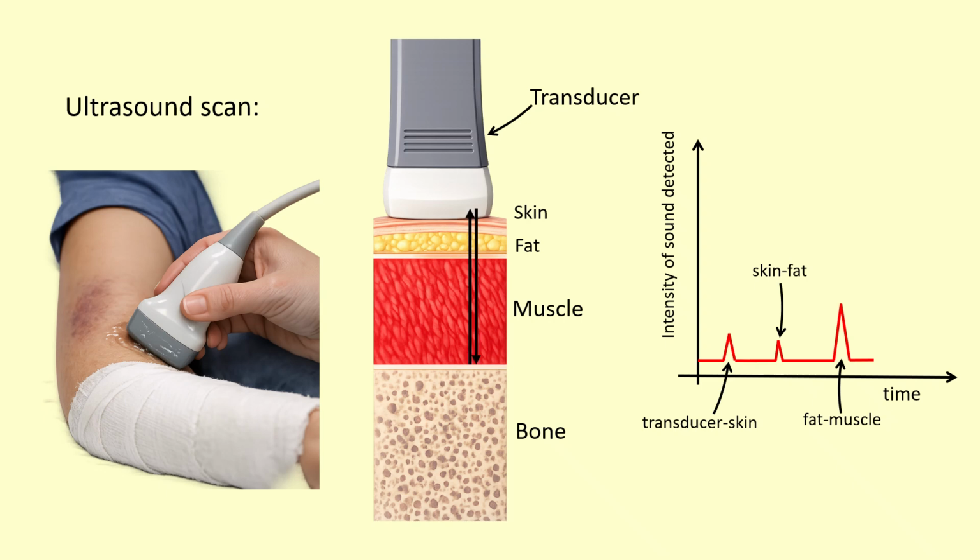And then finally, the one that we're interested in is between the muscle and the bone, okay? And then all of this information goes to a computer, and the time it took for the ultrasound to be emitted and to come back to the transducer is used to calculate the distance between each layer, and that can be used by a computer to plot an image.